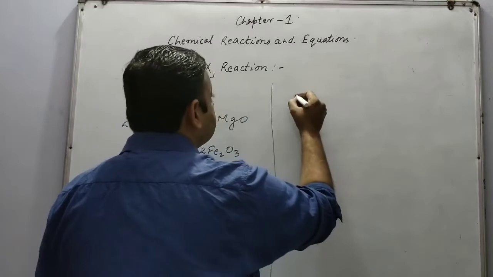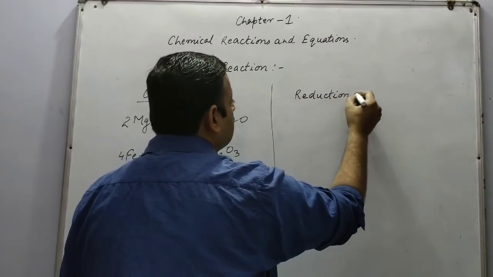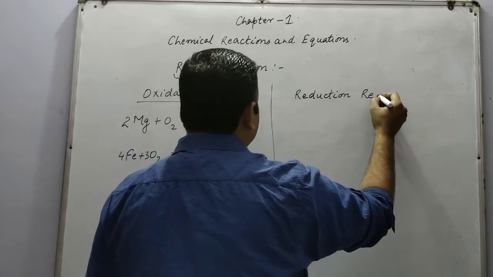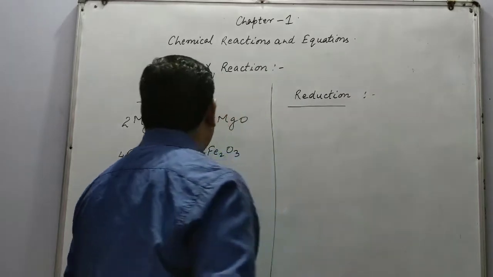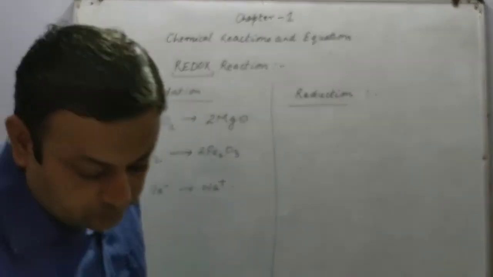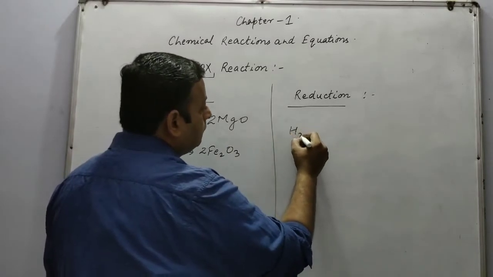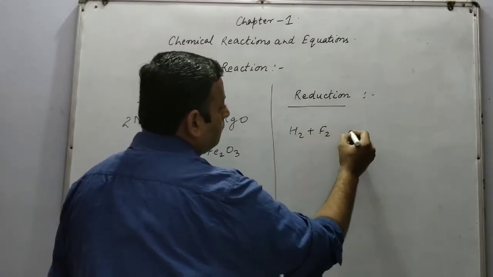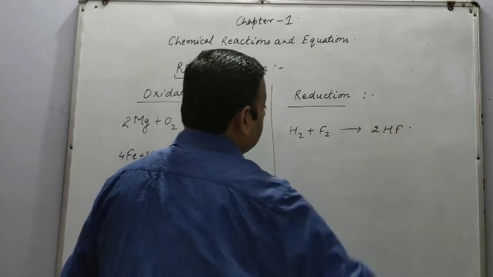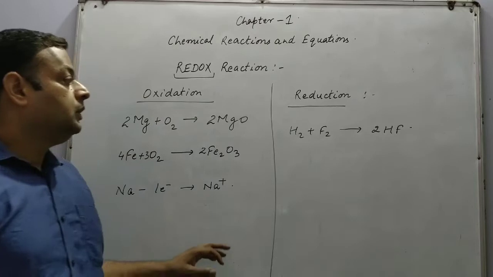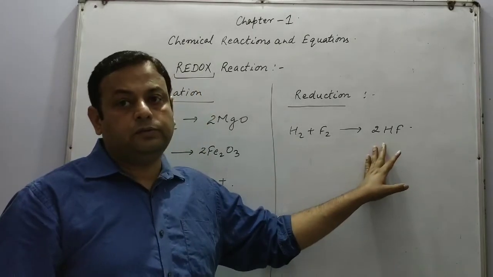Similarly, we can take some examples of reduction. Hydrogen is being added to fluorine to form hydrogen fluoride.